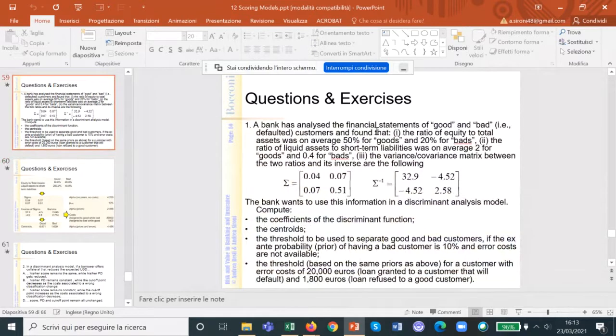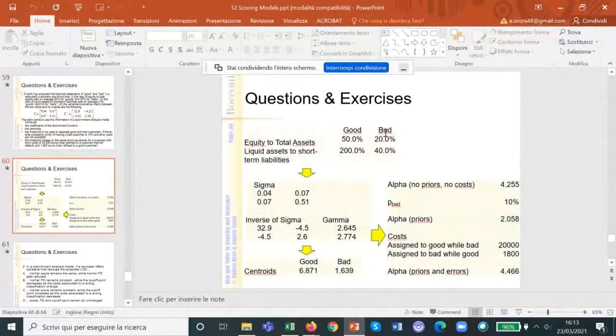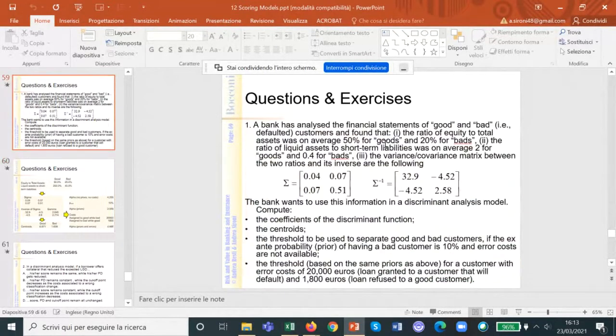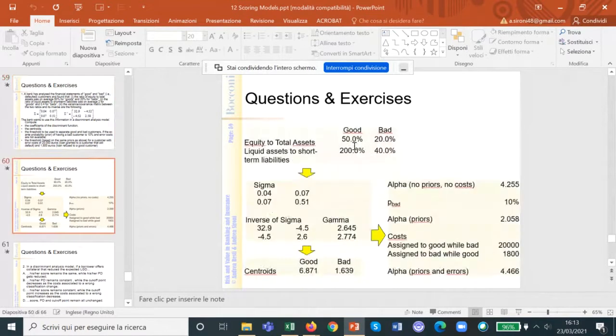Remember, it says the ratio equity to total asset was 50% and 20%, good and bad. The ratio of liquid asset to short-term liability was 2 and 0.4. And so here we have the two vectors, good and bad. So if you want the X, the variables. Here are the two variance covariance matrices, sigma and inverse of sigma.